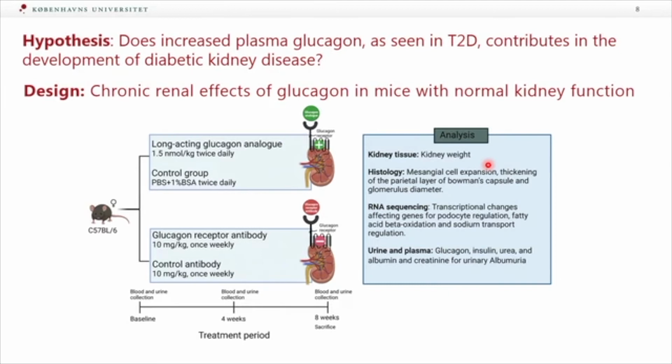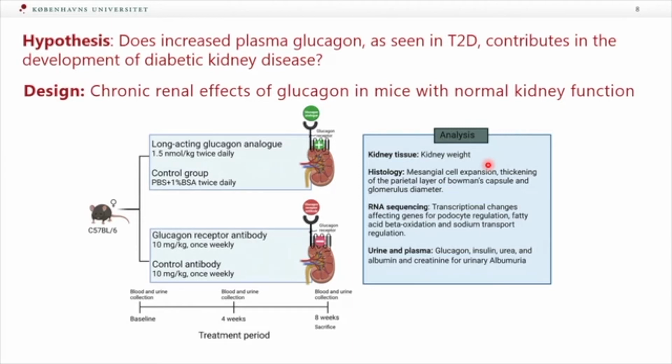To test this hypothesis, we set up a chronic study to investigate chronic activation or inhibition of the glucagon receptor. In a period of 8 weeks, we treated healthy female black 6 mice with either a glucagon analog or a glucagon receptor antibody blocking the glucagon receptor.